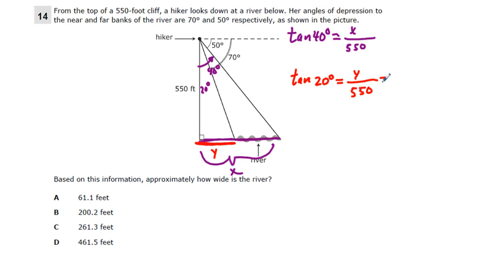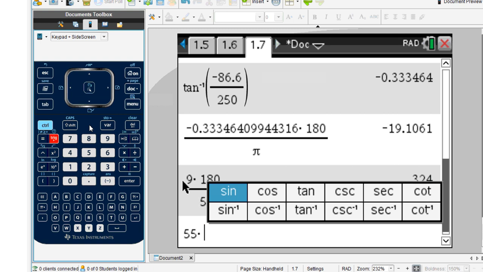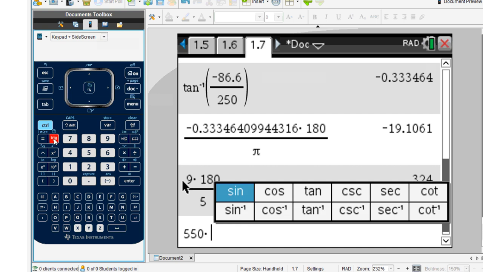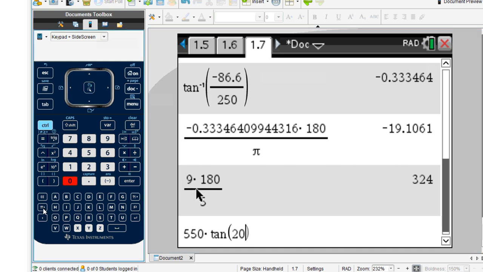And we can just work these out. So y is going to be 550 times tangent 20 degrees. Use the degree symbol.